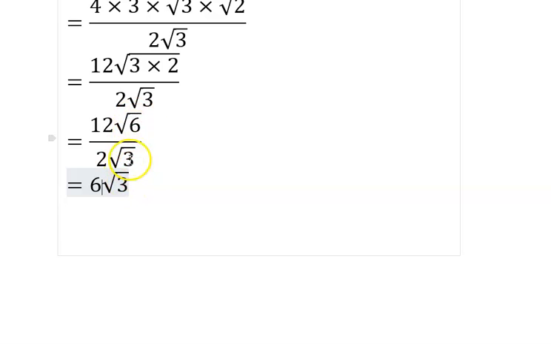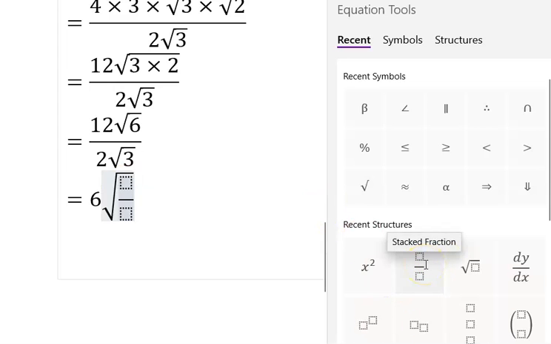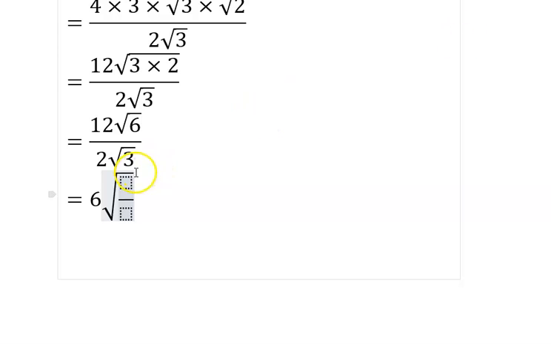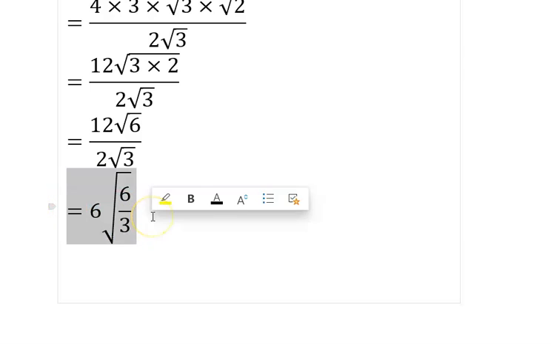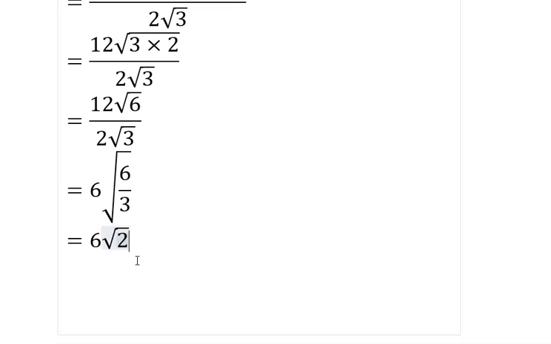And root 6 divided by root 3, you can still bring them together if you remember one of our rules. That is, we are having 6 divided by 3. We are still correct. Awesome. So if you say 6 divided by 3 will give you what? Let me give you 2. Awesome. So we have 6 root 2 as our final answer.